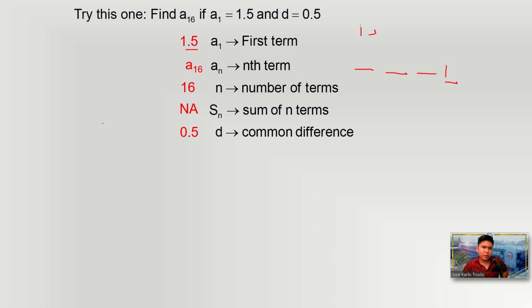Given the equation a sub n is equal to a sub 1 plus the value of n minus 1 times d, you just simply substitute. 0.5 is the difference given. n is 16, since there are 16 terms.